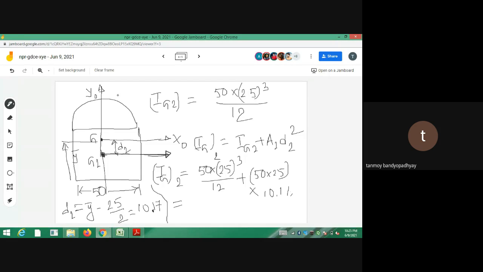So in this case, you are getting IG2. It will come out to be something like 1.94.